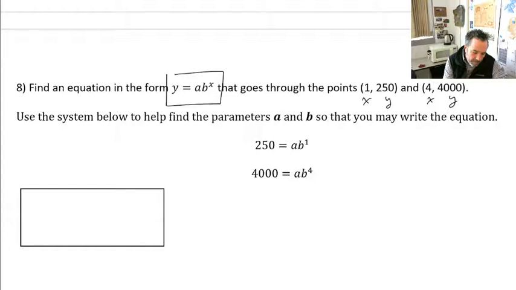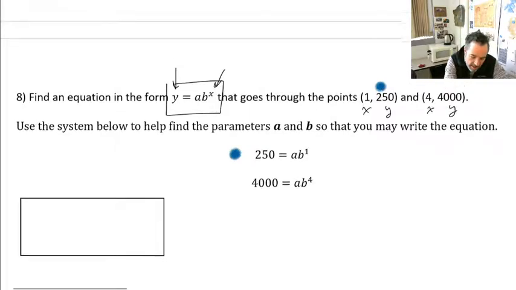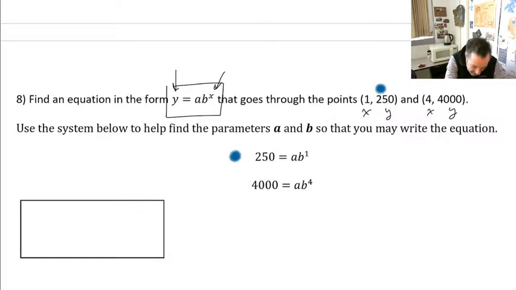So one of them becomes 250, that's the y, is equal to ab to the x, and the x is 1. So this top equation, I'll put a little blue dot by it. This one is being generated by this point. And the other equation, I'll put a green dot by it. This equation is being generated by this point.